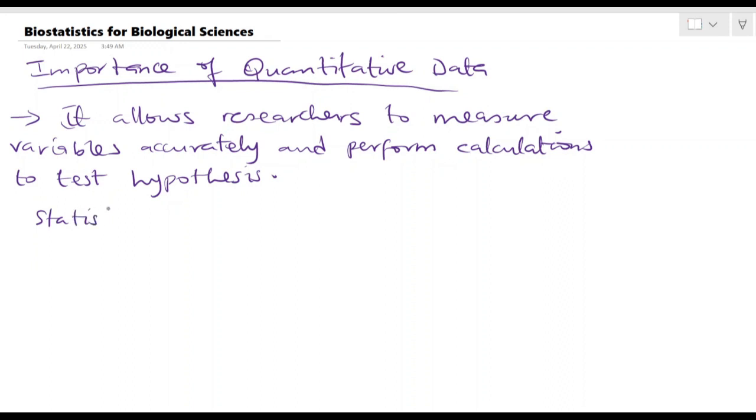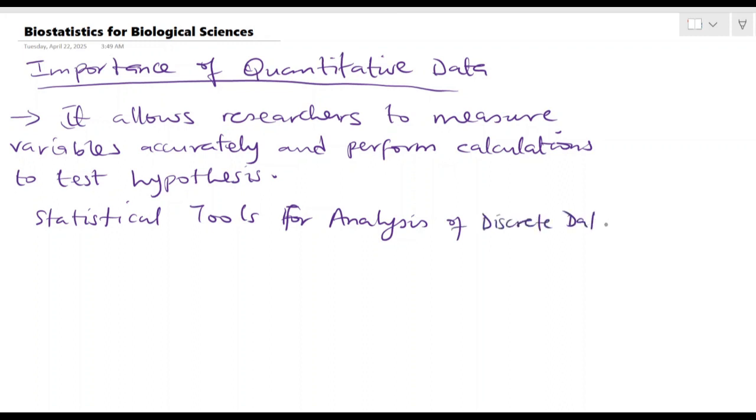Statistical tools for analysis of discrete data.